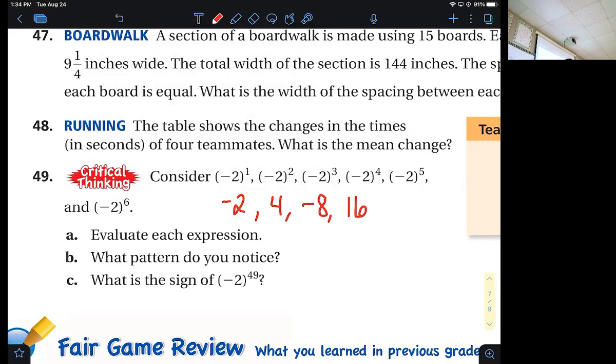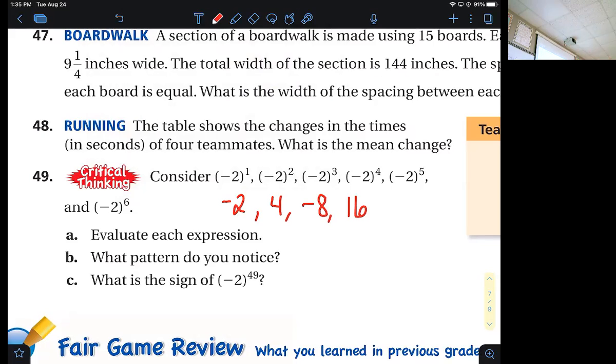Every time you raise it to an odd power, you're going to have an odd number of negative signs. For example, this is going to give you 5 -2s. What did we say was true when you had 5 negative signs? Positive or negative? Negative. Every time you raise it to an odd power, you get a negative answer.